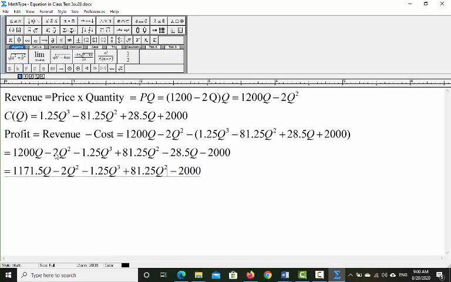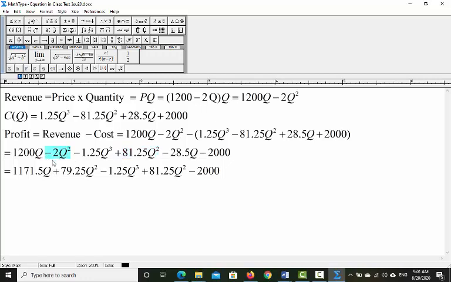Second, now we will deal with minus 2Q square and plus 81.25Q square. So 81.25Q square minus 2Q square, that means we have 79.25Q square.